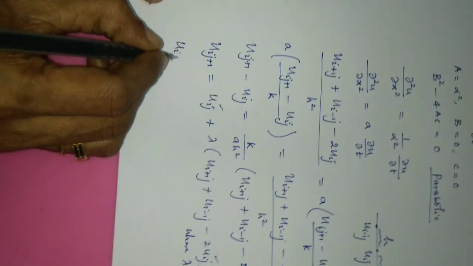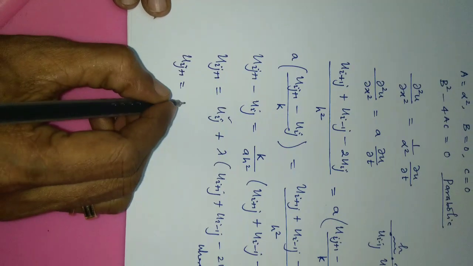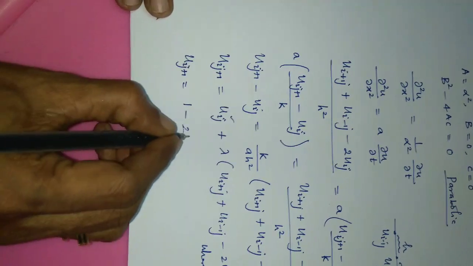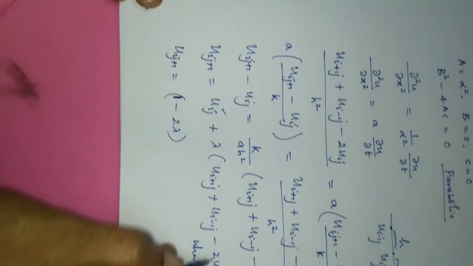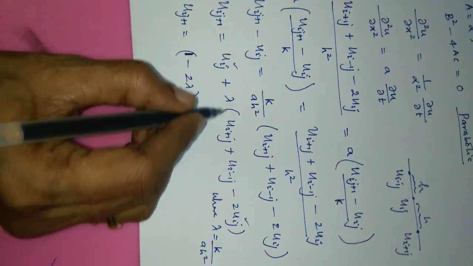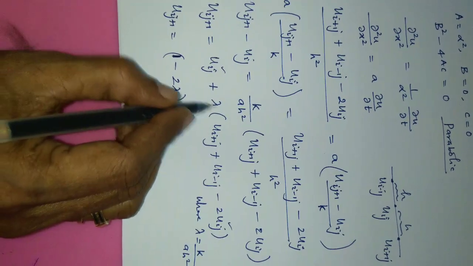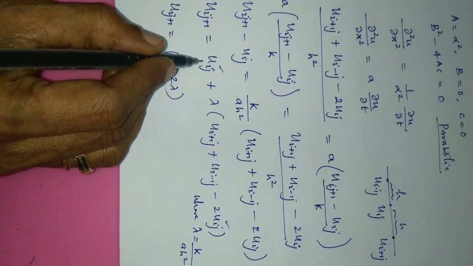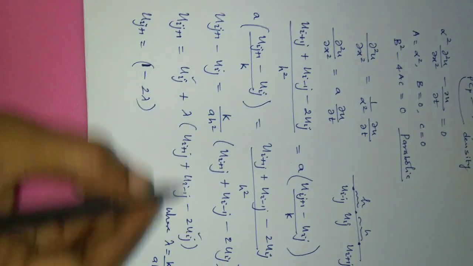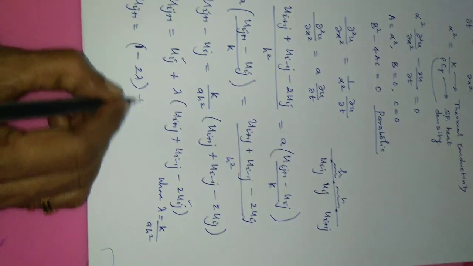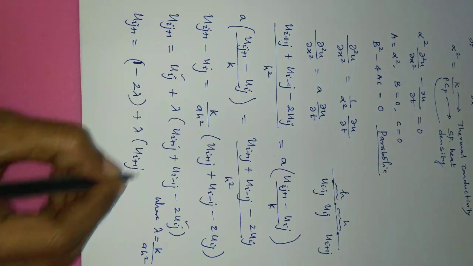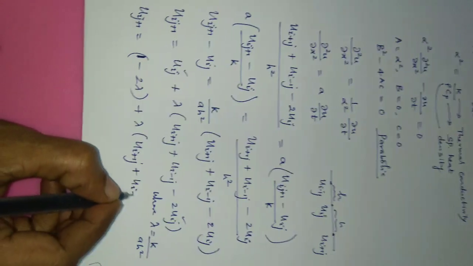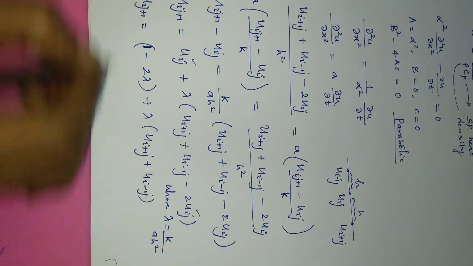So let us simplify these two common coefficients. So u(i,j+1) equal to 1 minus 2λ. I think you are able to understand. u(i,j) minus 2λ u(i,j). If I take the product, you will get 2λ u(i,j). So I am combining these two terms, plus λ times u(i+1,j) plus u(i-1,j). These two remain.